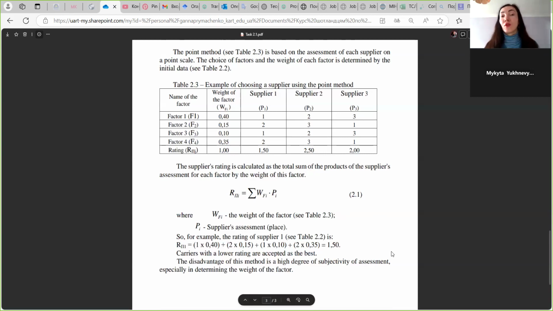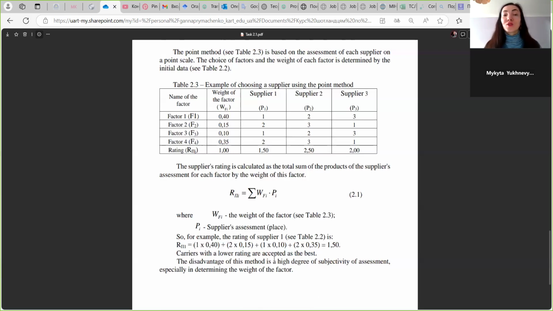1, 2, 3, 4, 5, for every supplier up to the 10th supplier. So it is very important to find the rating for everyone. After it, when we find all ratings, we need to find the best supplier. The carrier with the lowest rating, it is the second sentence from the end in our paper.